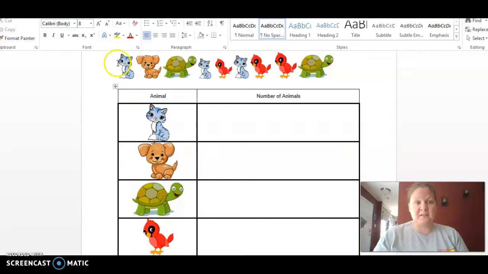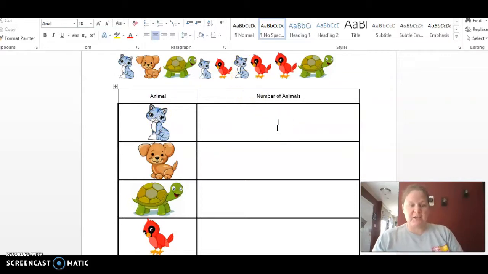So up here in this group, how many cats do you see? Count them. What'd you say? You said three? Let's see, one, two, three. Good.